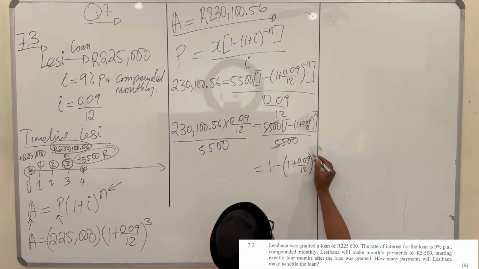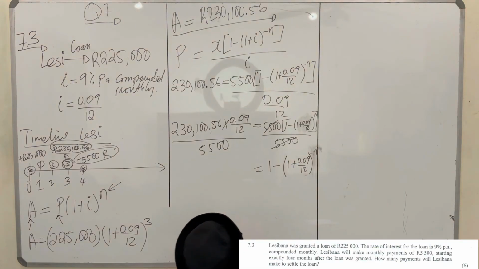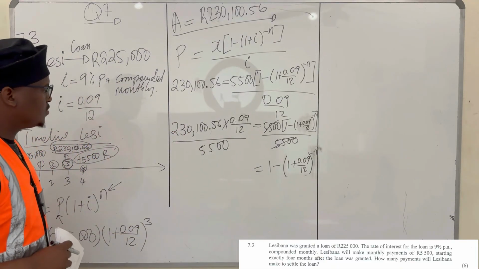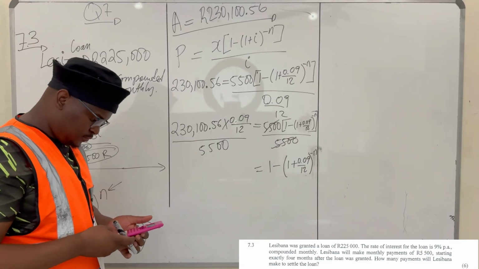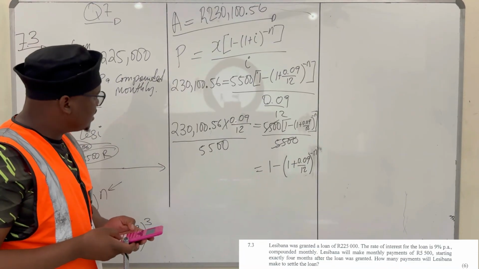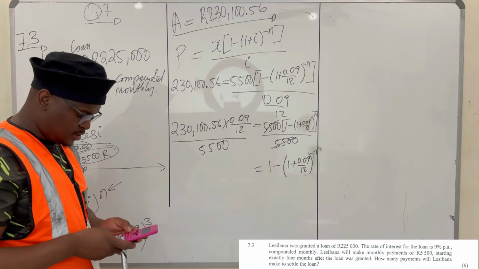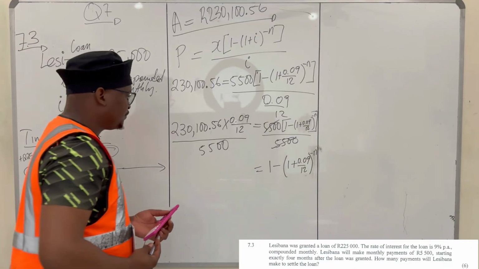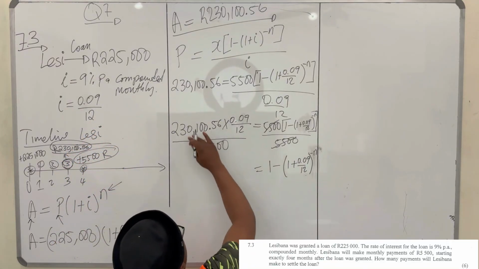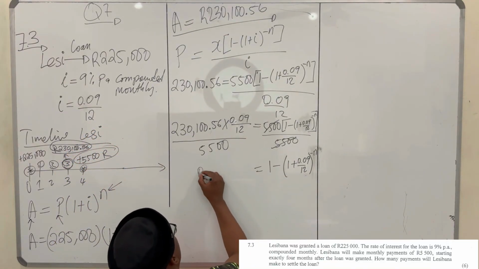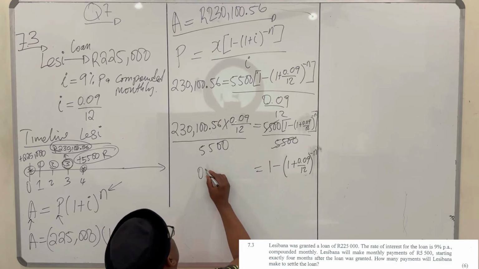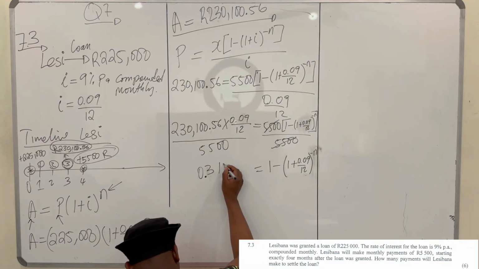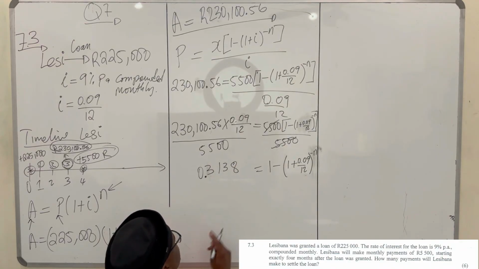All raised negative n. So let's find the answer to that. 230,000 times 0.09 over 12 divided by 5,500. So what do we get? We get that the answer to this is 0.3138. This is the answer.